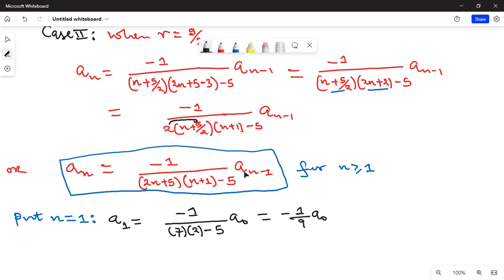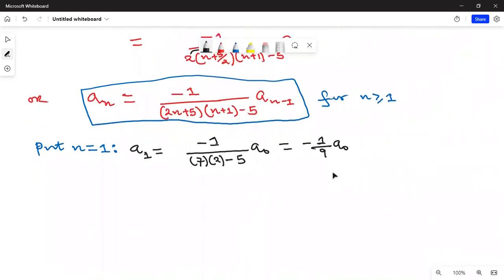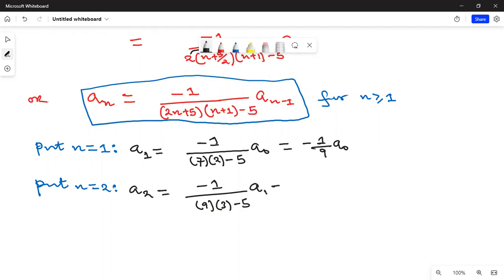That's what we find. What about when n equals 2? Put n equals 2. What are we going to get? It will be a2 equals -1 over, there we'll have 2 times 2, that's 4 plus 5 is 9, times 3, then minus 5 a1. That's the same as 27 minus 5 is 22.